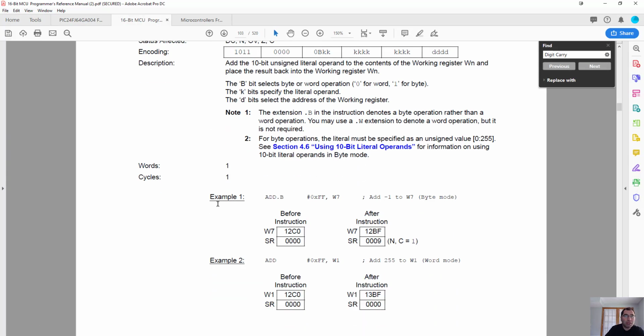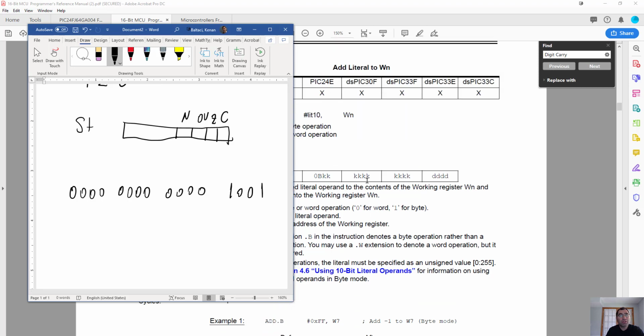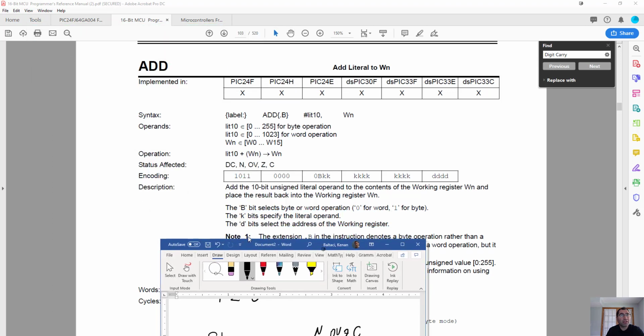So basically, when we add these two numbers, right? So we added. Let's look at what that means. 0009 means 0000 1001. Obviously this instruction does not affect any flag other than DC.